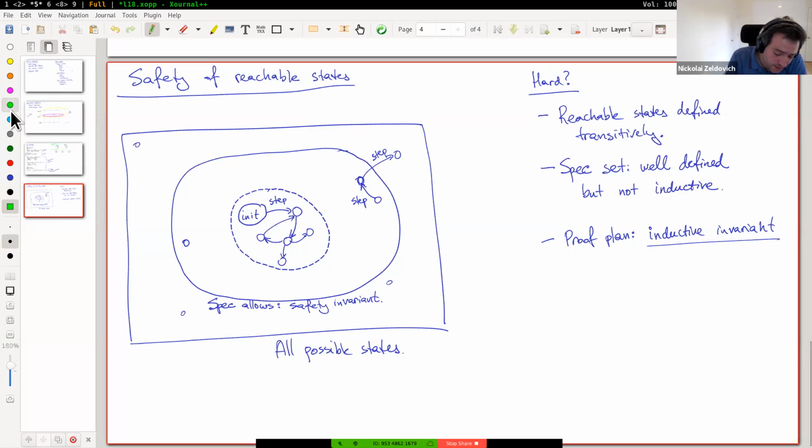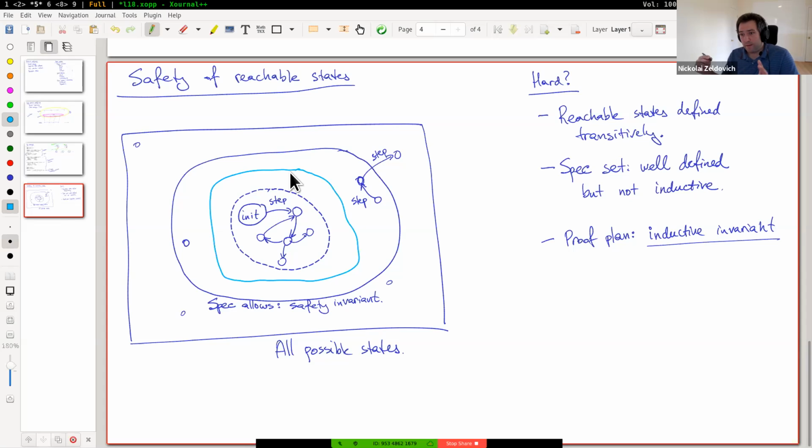The way to think of it is that we're going to have some other boundary in here that sits between the very tight but ill-defined dashed bubble that defines all the exactly reachable states, and also between this spec bubble that is also well-defined but too loose.